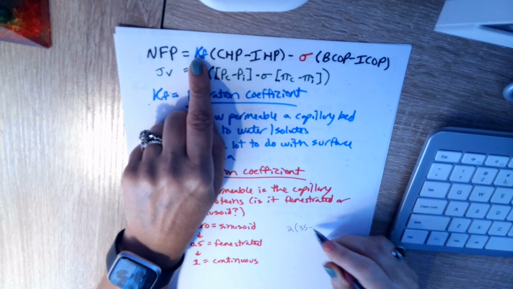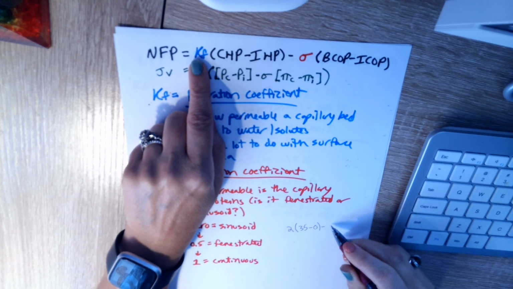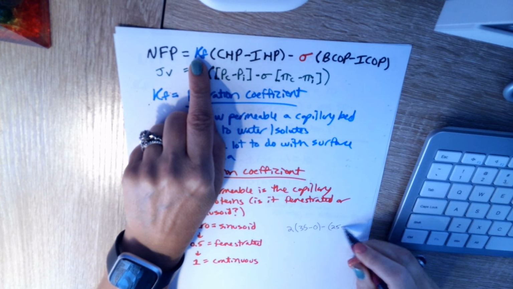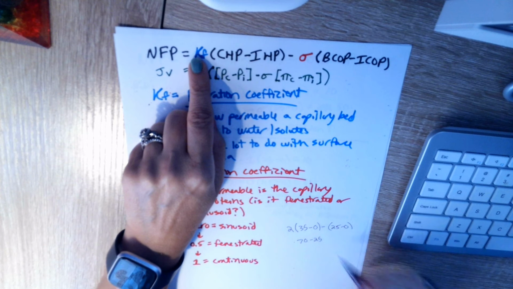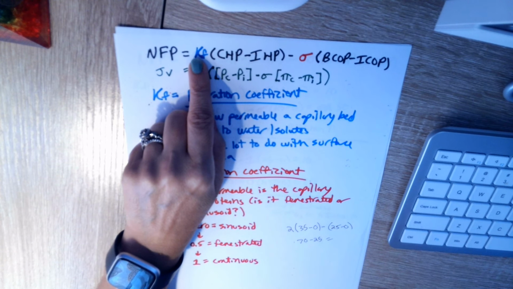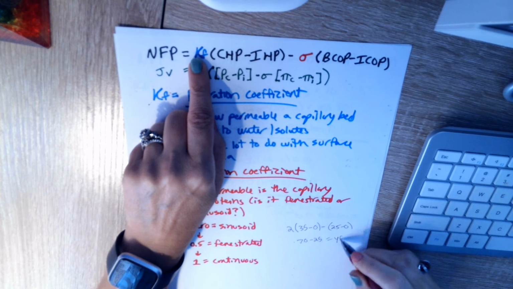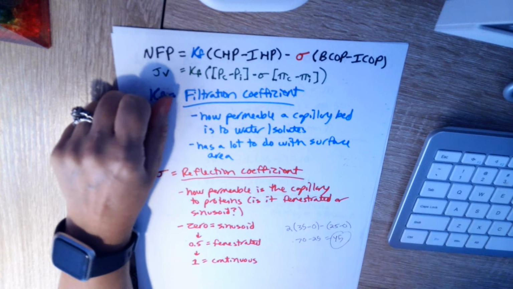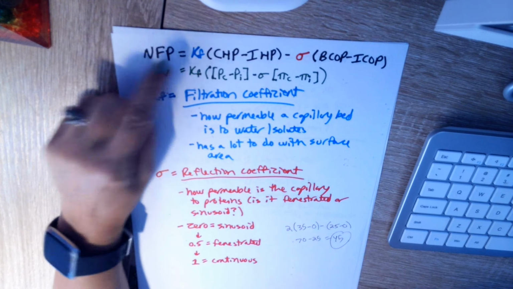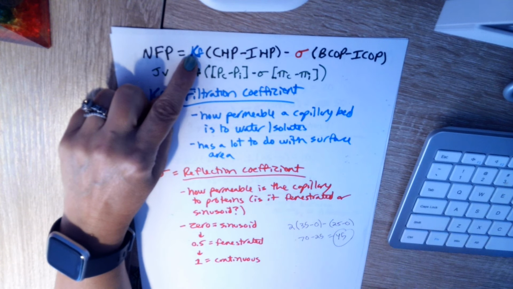So 2 times 35 minus 0 minus 25 minus 0. So that would be 70 minus 25, which gives us, oh lordy, 45. That just made a ginormous difference in the net filtration pressure because we multiplied this by 2.